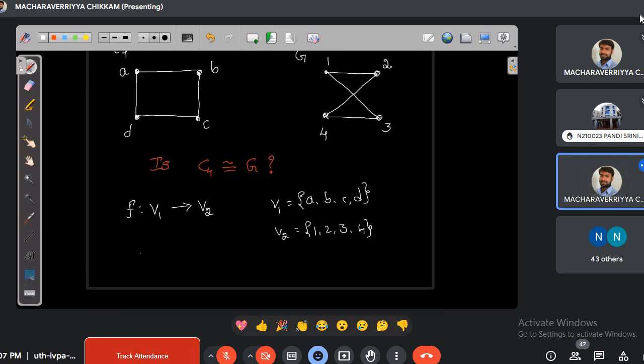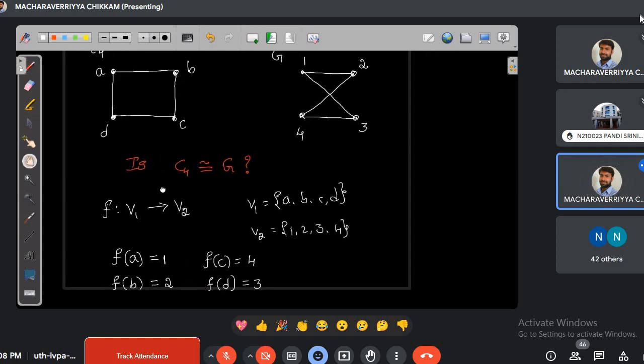Now this is how I'm defining the function. f of A, I will map it to 1, and f of B I will map to 2, and f of C, I will map it to 4, not 3. And f of D, I will map it to 3. Now this is clearly a bijective function.